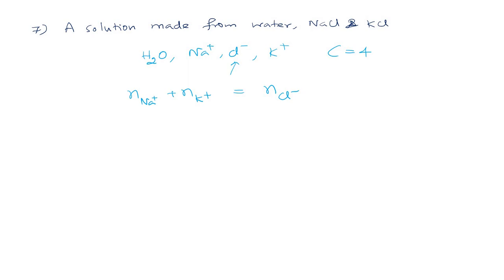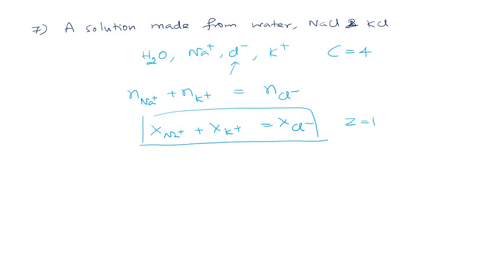We have only chloride ion in the solution, so number of moles of chloride ion should be equal to that. Then divide throughout by total number of moles. So you'll get mole fraction of sodium ion plus mole fraction of potassium ion should be equal to mole fraction of chloride ion. This is one additional equation, where Z equal to 1.